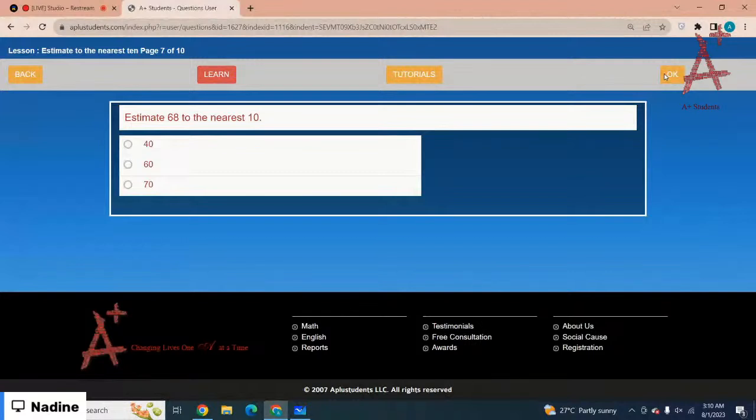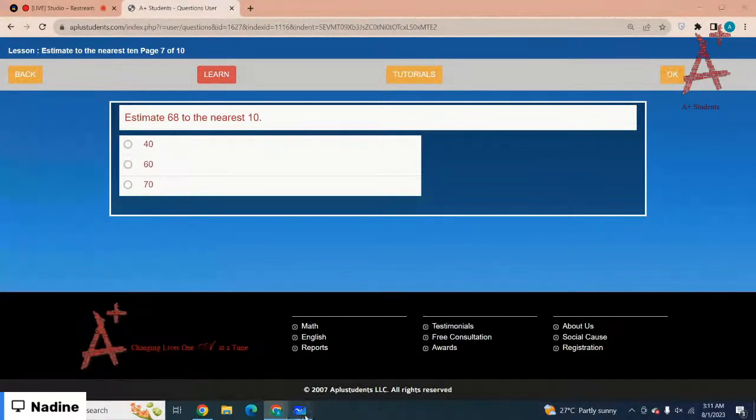Estimate 68 to the nearest 10. So, which is the correct option? 40, 60, and 70. The correct option: 68 is between 60 and 70, right?